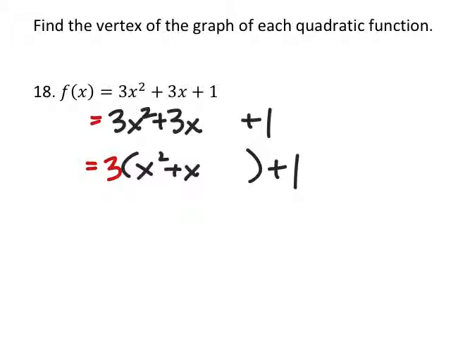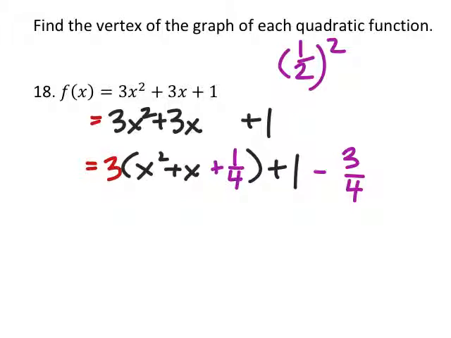Now my b value there is 1, so I have a 1 divided by 2. I'm going to square this. That gives me a positive 1/4. And since I added what really is 3/4, I would have to subtract 3/4 from the 1. So this gives me 3, and I can factor this right now.